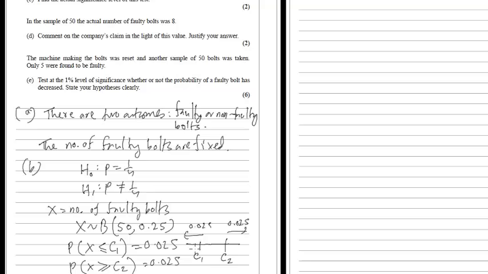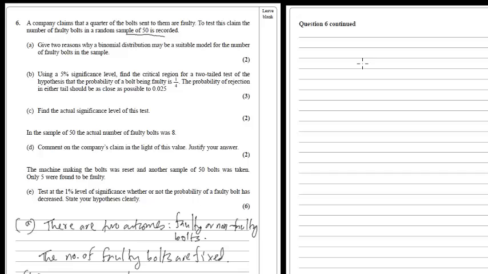So that means the probability of X less than or equal to 6 is equal to 0.0194. Therefore C1 is equal to 6. Then for the other one, we need X greater than or equal to C2.